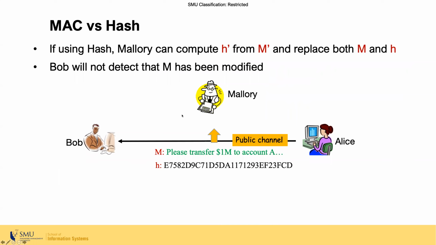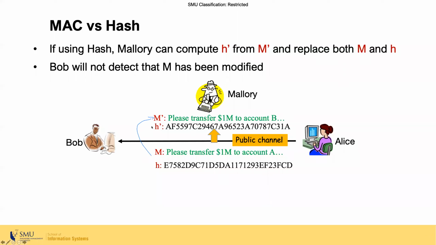Let me explain why a standard hash function cannot be used to provide the message integrity proof. Why do we need to use MAC on top of the hash function? So imagine that you are using a normal hash function. What will happen is this Mallory guy can modify the message first, which will result in an M prime.